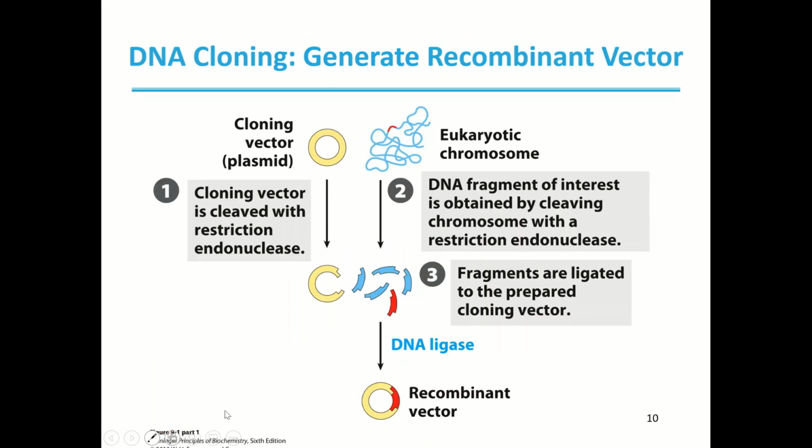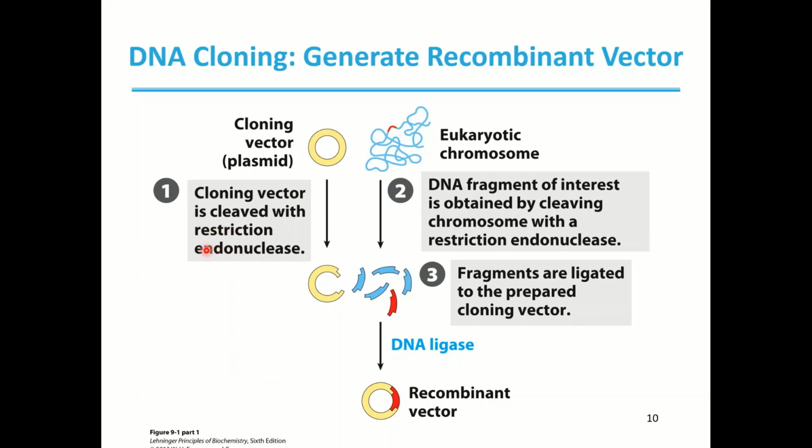First, you need to have some sort of a vector that you're interested in, a circular piece of DNA. You have to cut that with what's known as a restriction endonuclease, also known as a restriction enzyme.